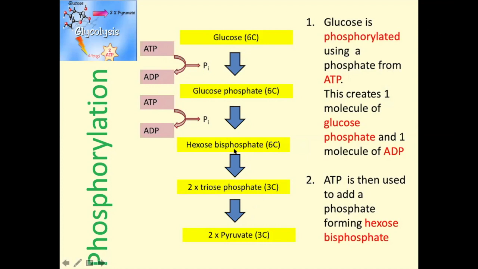The bi or bisphosphate, bi meaning 2, or 2 phosphates on it there. Then the molecule is going to split into 2 triose phosphates. Okay, so what we need to remember here is 1 molecule of glucose has made 1 molecule of hexose bisphosphate, and we've used up 2 ATP molecules.